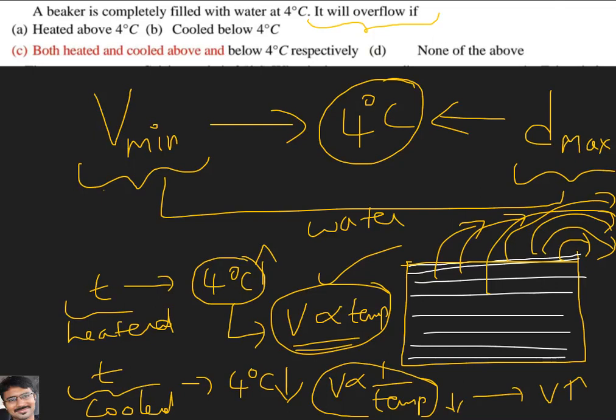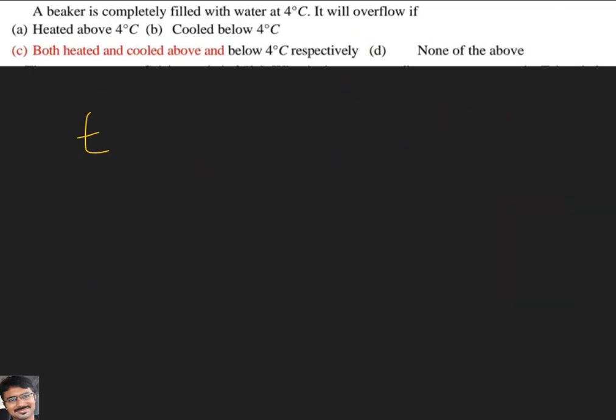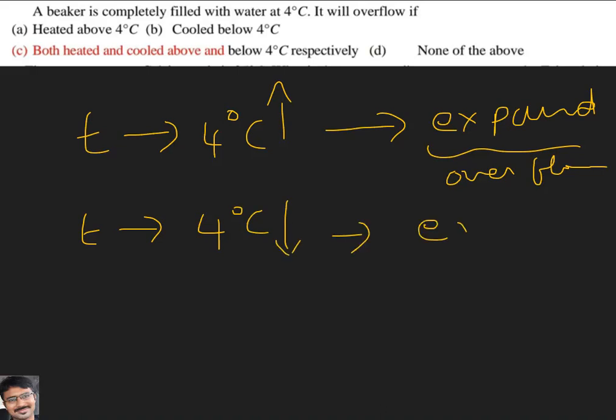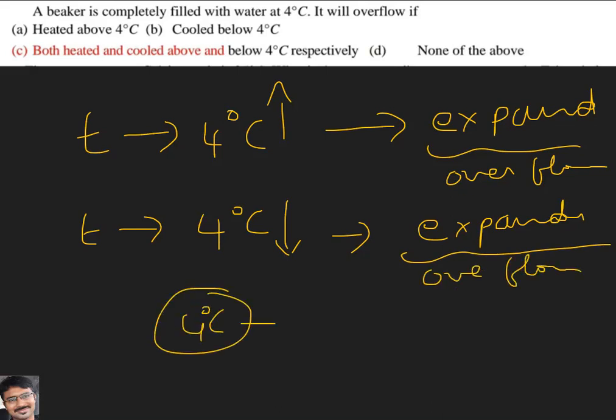That means we can conclude, if temperature is more than 4 degrees centigrade, the water will expand so that it overflows. If the temperature is less than 4 degrees centigrade, then also it expands. We can't say it contracts. Then also it expands and overflows. At 4 degrees centigrade, the minimum volume of water will be there.